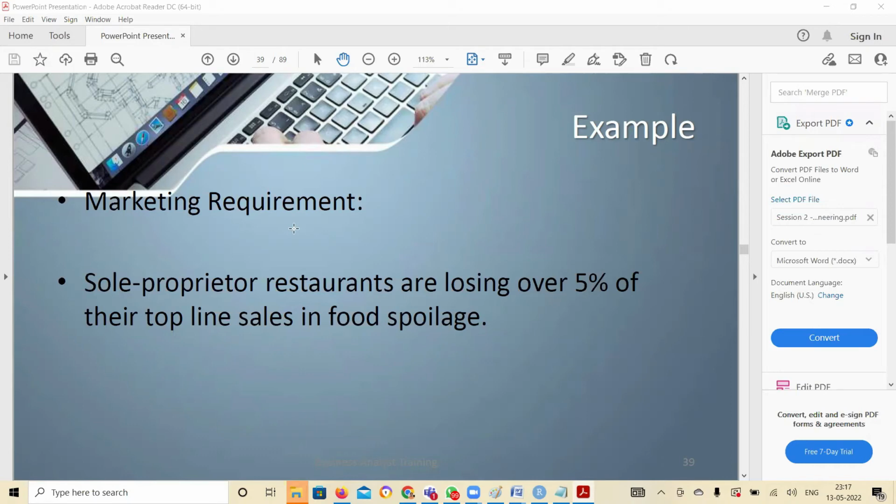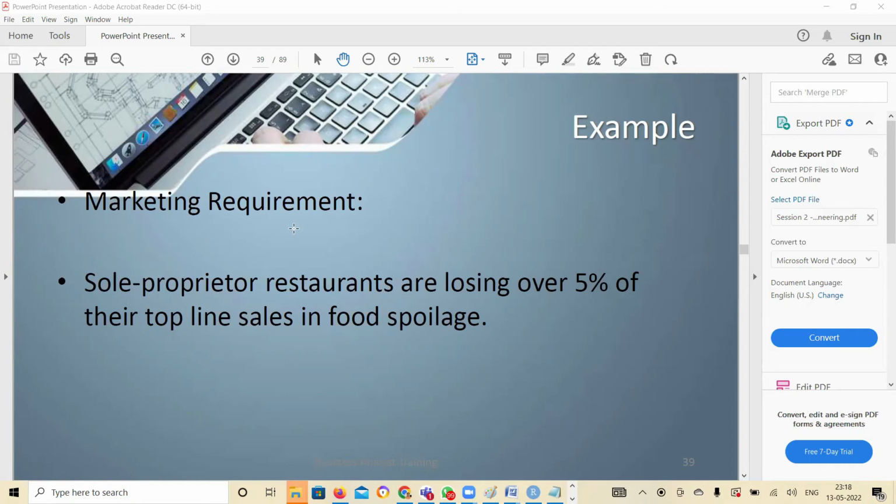So in a day, if you make $10,000, $500 worth of food got wasted, right? Which is a significant amount, right? So how do we avoid the loss?